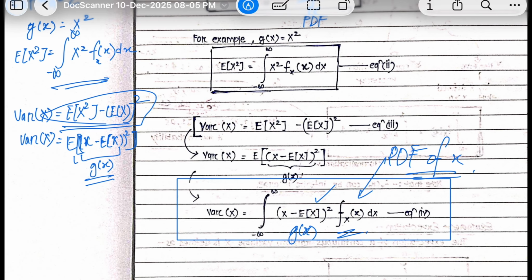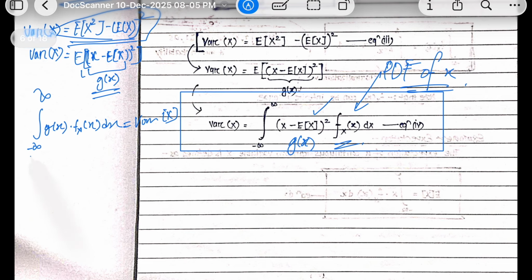So the probability is nothing but integration over x of the function of x and the PDF of x, from minus infinity to infinity. This is the variance of x, and for the expectation you need to integrate from minus infinity to infinity x f of x dx.